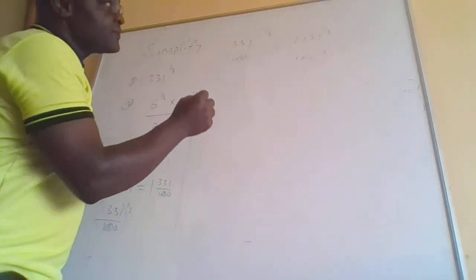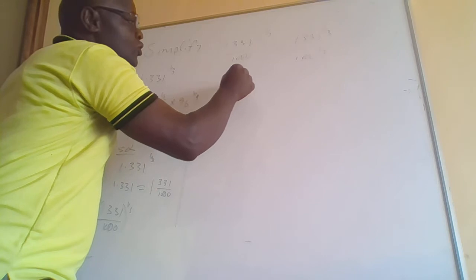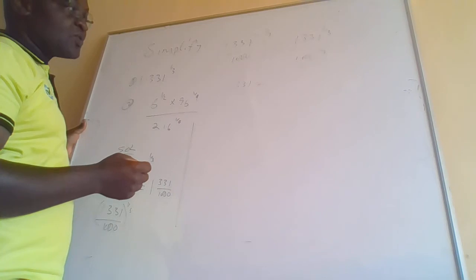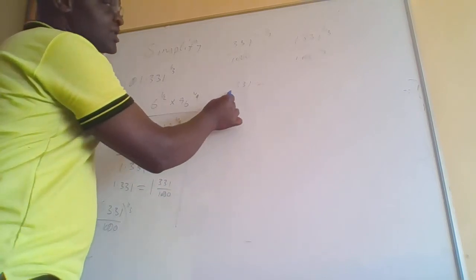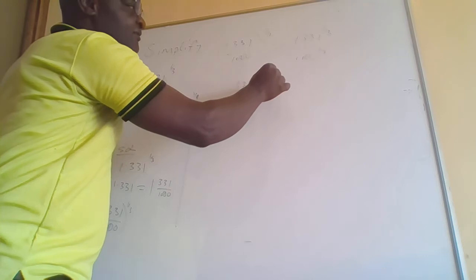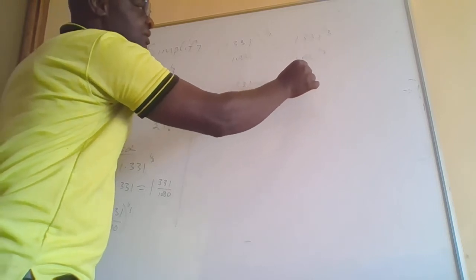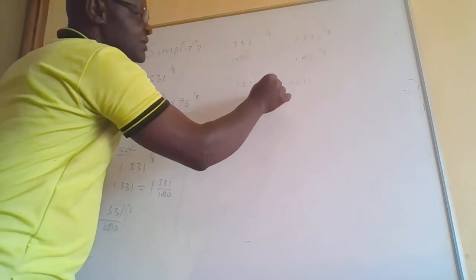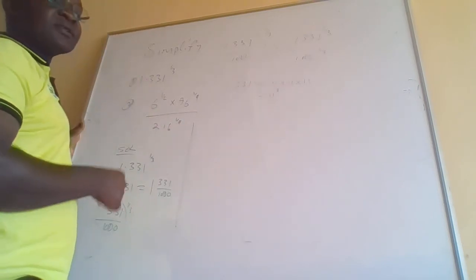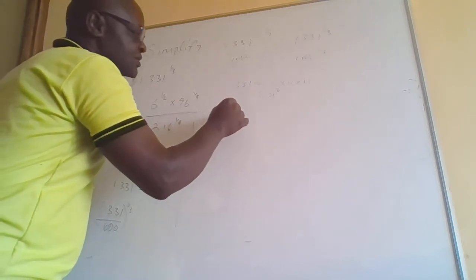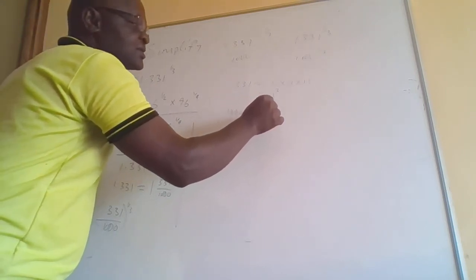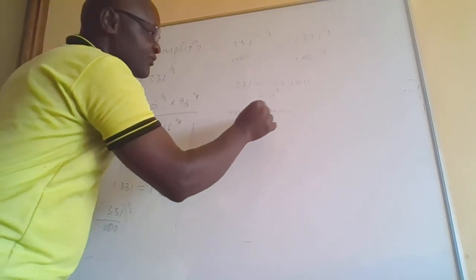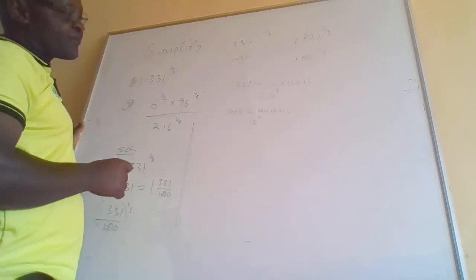So we can express 1,331 using its factors. This is the same as 11 times 11 times 11, which is 11 raised to 3. And 1,000 is the same as 10 times 10 times 10, which is 10 raised to 3.